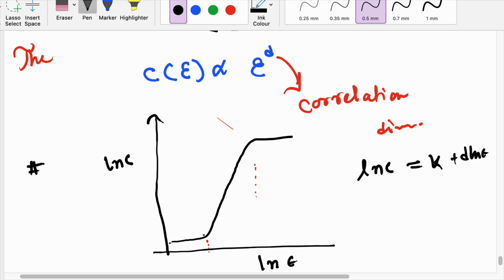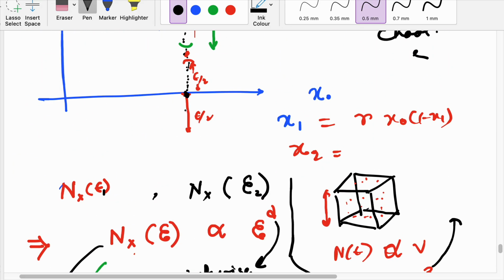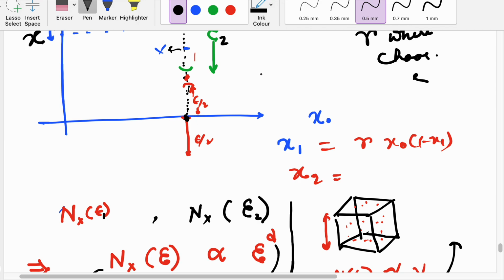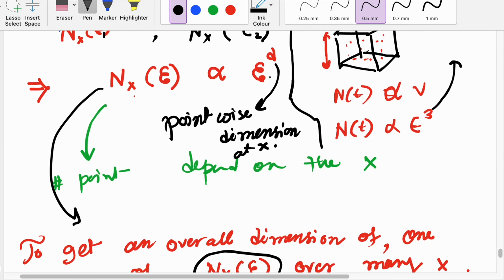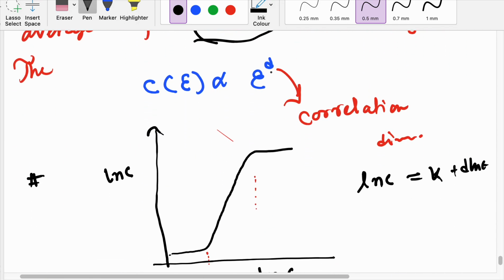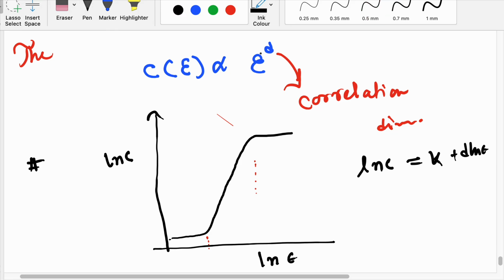But why will this flattening be there? Because if your cover is 0, epsilon is 0, the radius of the cover is 0, then it will contain no points. And if you increase the cover, you will find a very small number of points, until you reach the minimum cover value; until then you will not find any point inside.